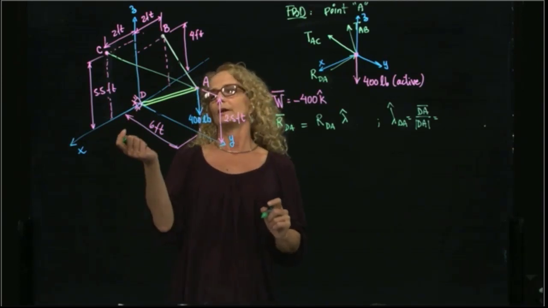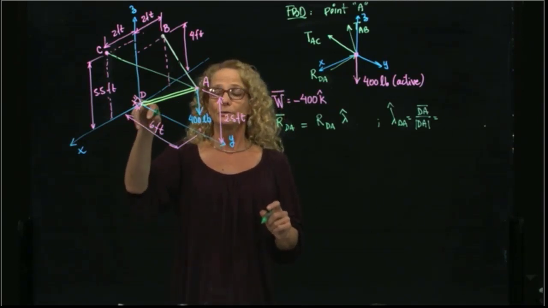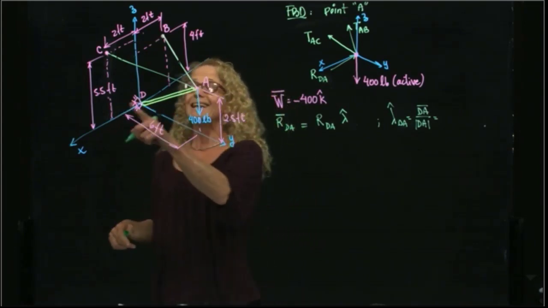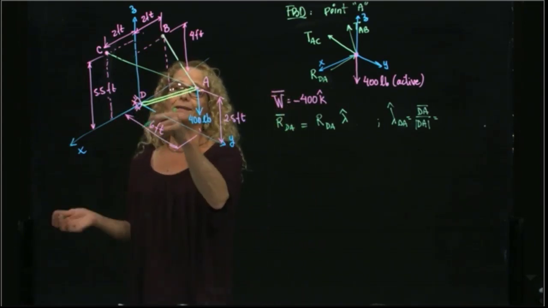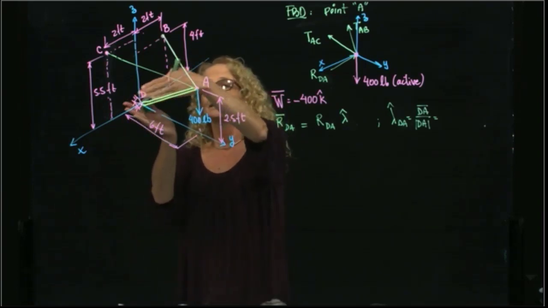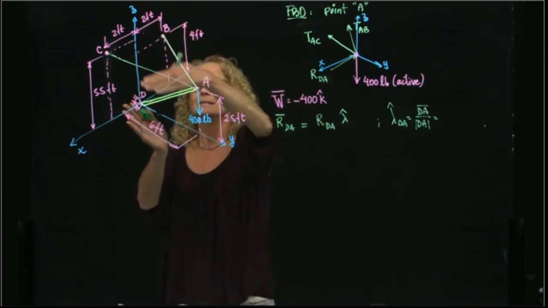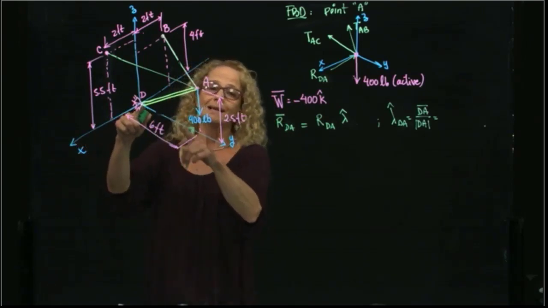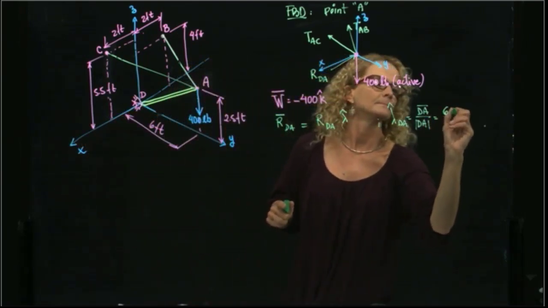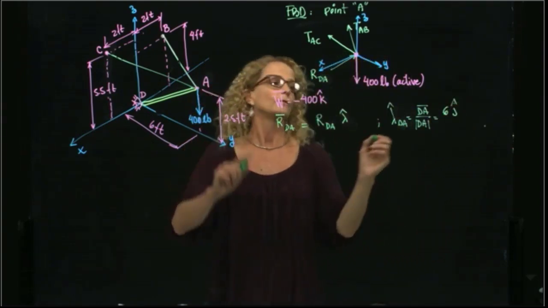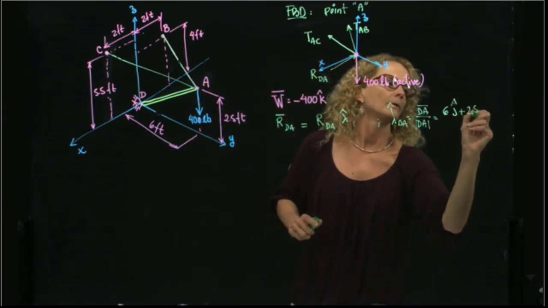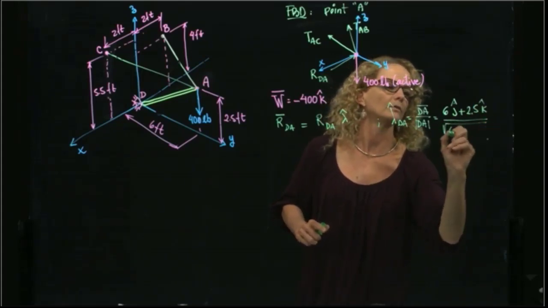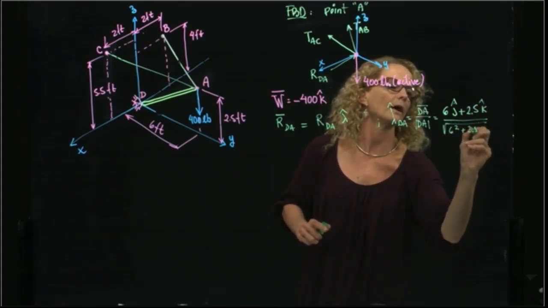From D, which is 0, because it's at the origin of our coordinate system, I go 0 in x, because the point is in the yz plane, 6 in y, and 2.5 in k, over the square root of 6 squared plus 2.5 squared.